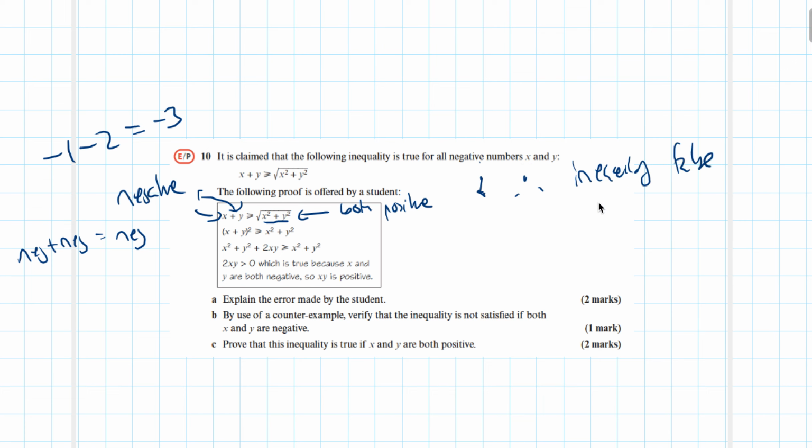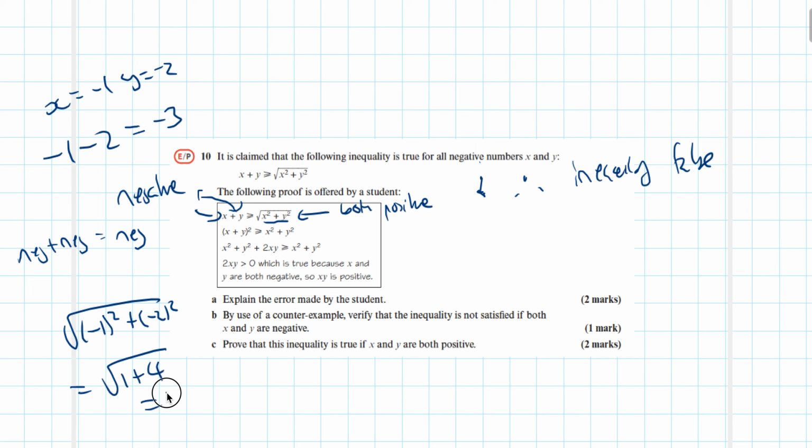This can actually be more easily proven by plugging in values. Let's say x equals −1 and y equals −2. Then here this will be the root of (−1)² + (−2)², which gives you root of 1 + 4, which is equal to root 5.